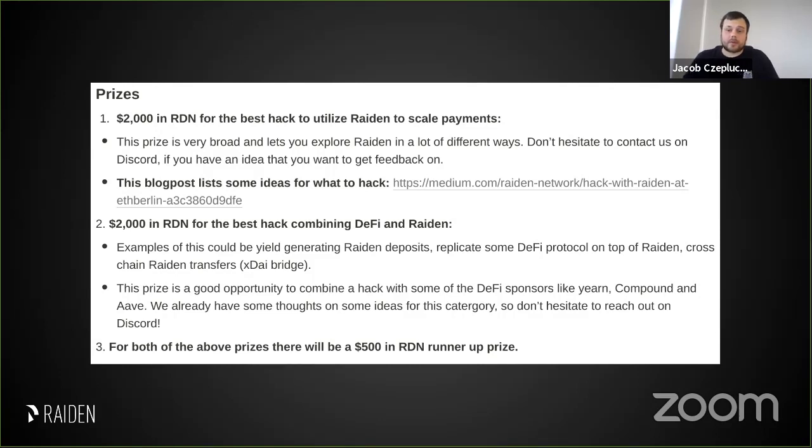We think this prize is quite interesting with the current hype around DeFi, and it could also be a good chance to combine Raiden with some of the other projects sponsoring the hackathon, like Yearn, Compound, and Aave. So yeah, we have some good ideas on this as well, and feel free to ask in the Discord channel if you're interested in some of these ideas.